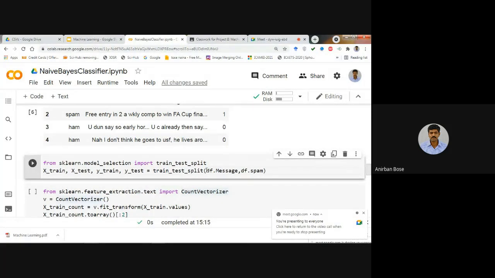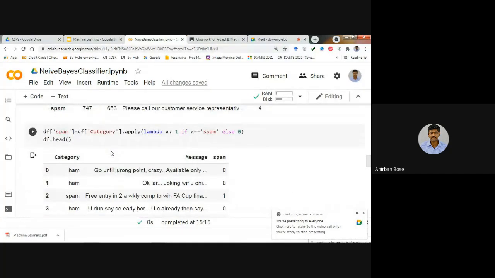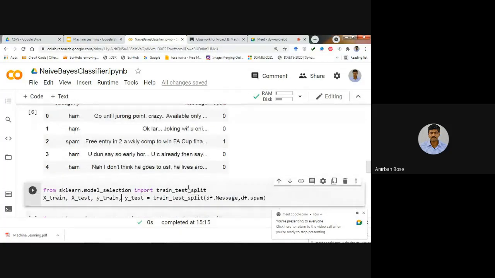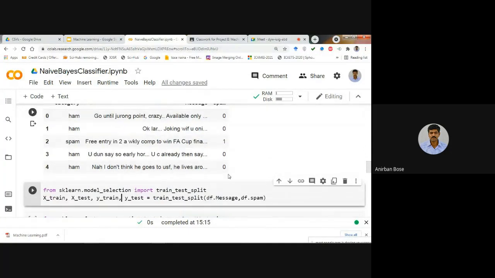X is df dot message. So df dot message is what you can see in the message column. What is there is all these emails. In the message column, all these emails are there. Okay, and in the target, what is there? That is the spam column, 0 and 1. So up to this much, I think all of you have done.